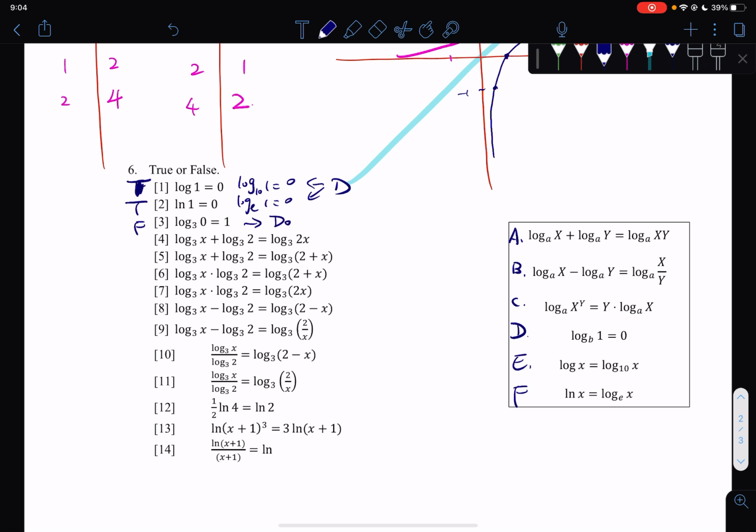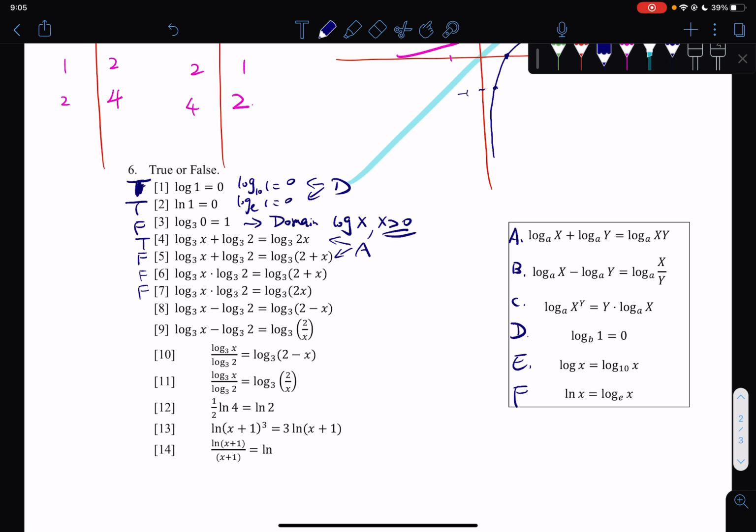The domain of log function is greater than 0. Log x, x must be greater than 0, so 0 cannot be an input. The following two structures look like A, so it's not hard for you to realize the previous one is true. The following one is false. I don't have any two log structures multiplying together, so you can tell it must be false. There's no way I can put them together.